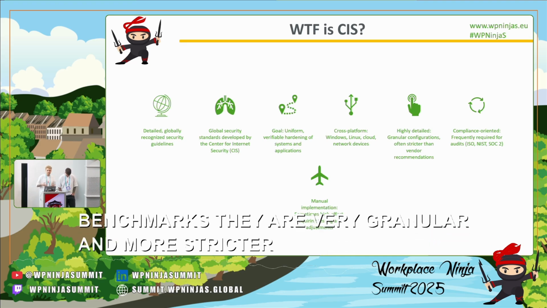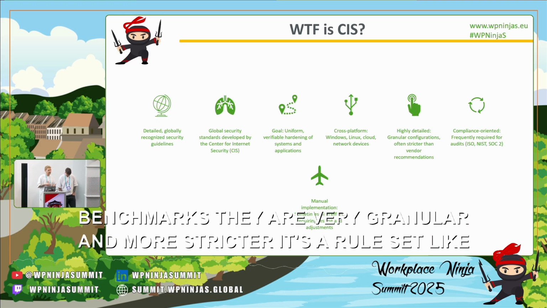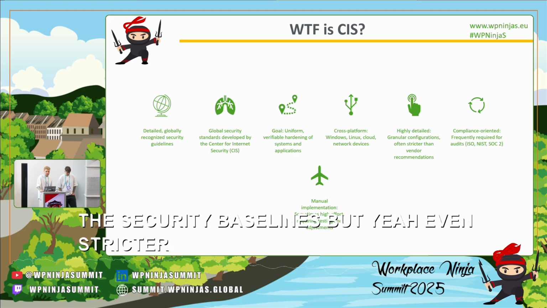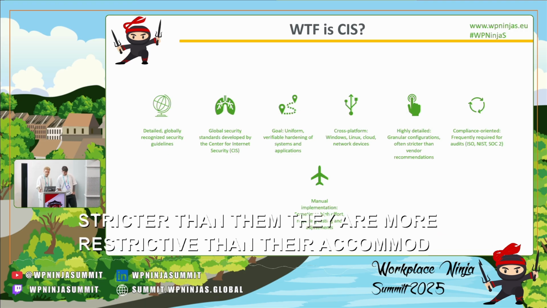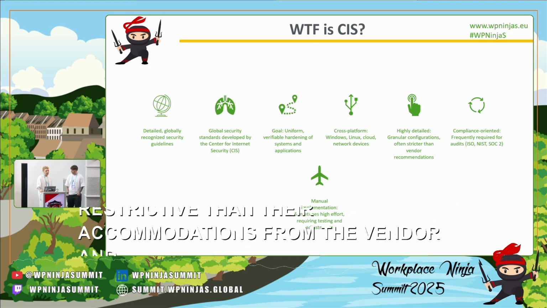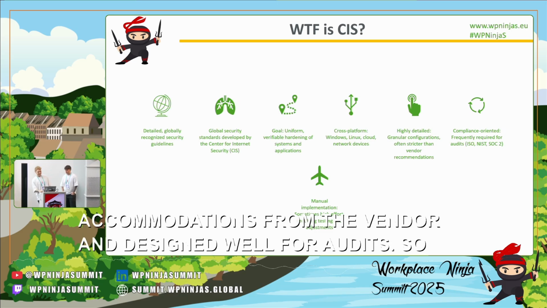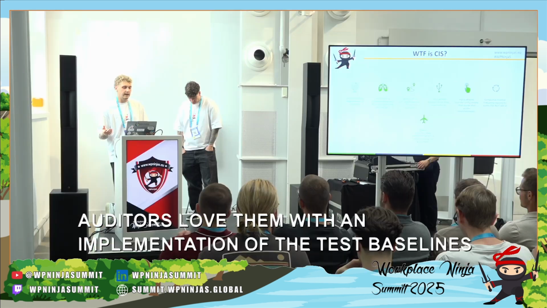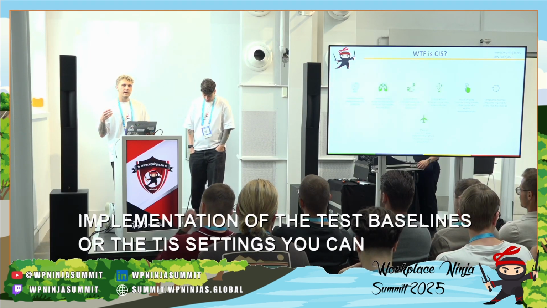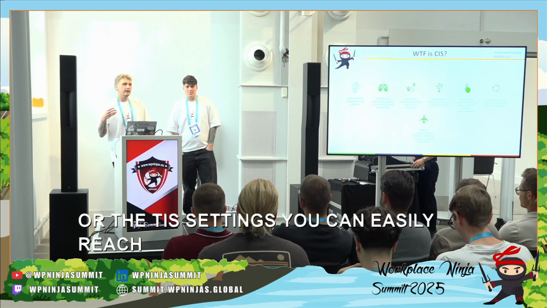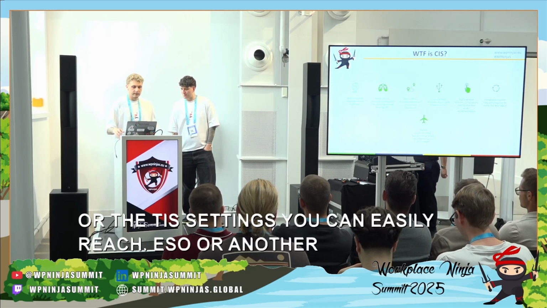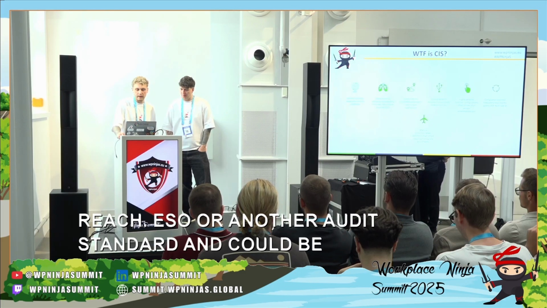It's a rule set like the security baselines, but even stricter. They are more restrictive than the recommendations from the vendor and designed well for audits, so auditors love them. With an implementation of the CIS settings, you can easily reach ISO or another audit standard and could be audited on them.